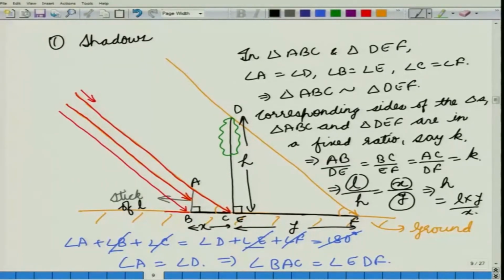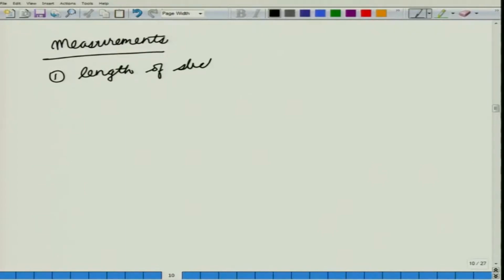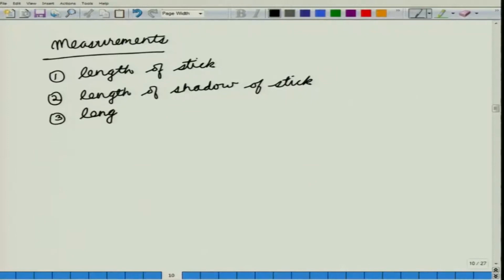So, by using the method of shadows, we can find out the height of a tree. What are the measurements that we need? We would need the length of the stick, the length of the shadow of the stick, and the length of the shadow of the tree.